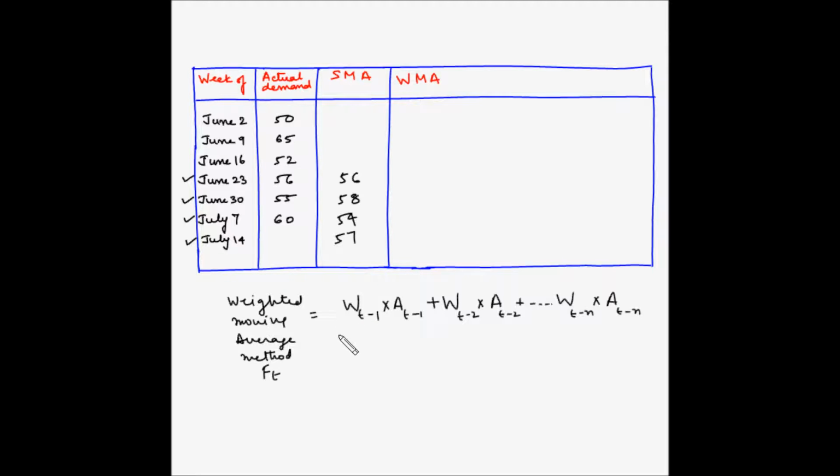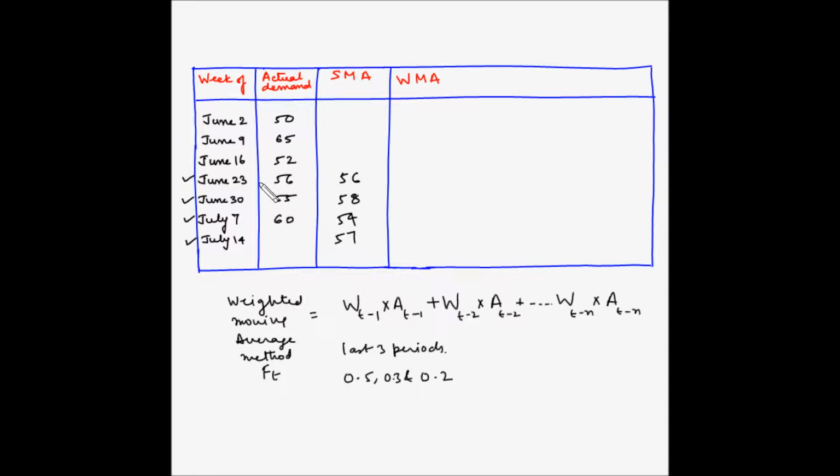Now in our example, we have been given that we have to take the last 3 periods and the weights given to us are 0.5, 0.3 and 0.2, where 0.5 is to be applied to the latest demand, which means Wt minus 1 is 0.5, Wt minus 2 will be 0.3 and Wt minus 3 will be 0.2.